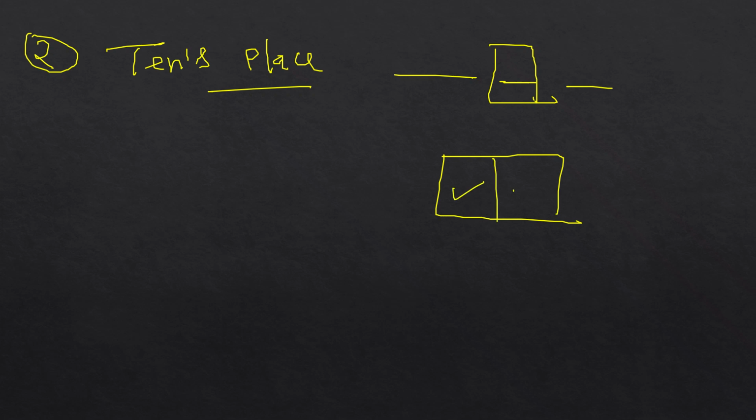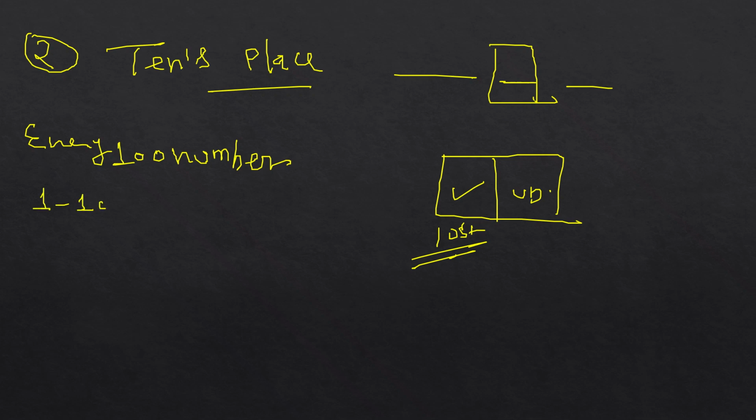Because this is the unit digit and this is tens. So in every 100 numbers, like 1 to 100, you can choose the first one, we have to find 5 at the tens place.